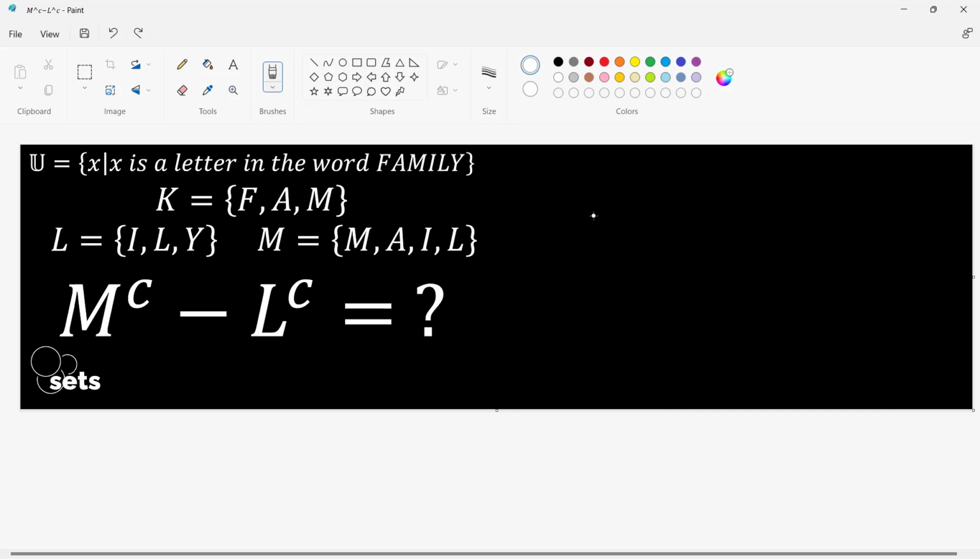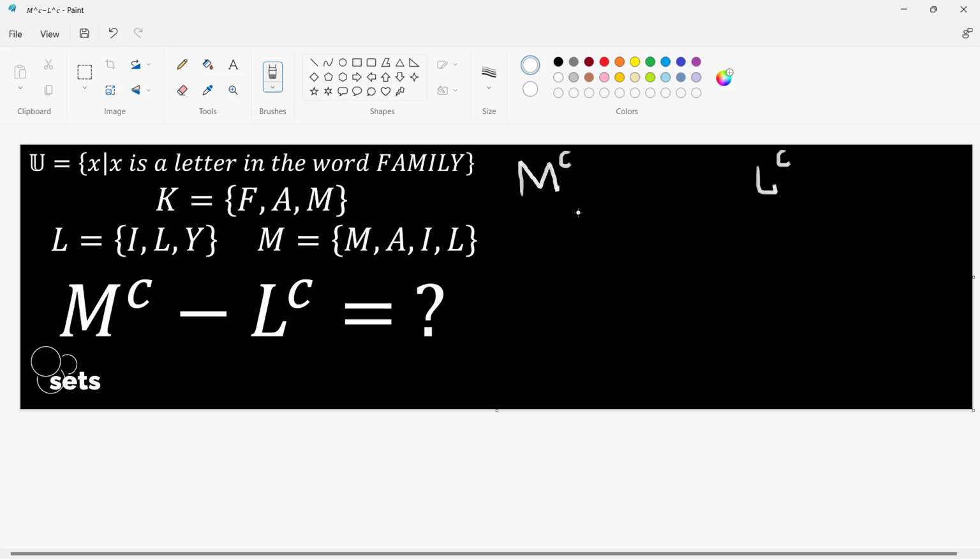In this case, let us try to solve first the complement of the two sets, set M and set L. Right after, we are going to subject whatever the results are to the set difference to get the final result.